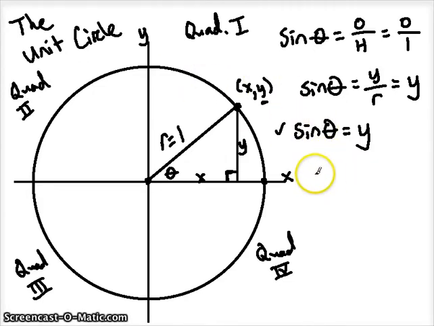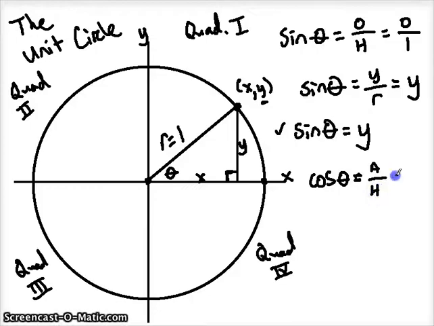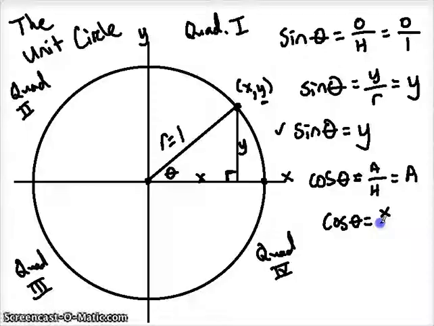The cosine of an angle is usually thought of in right triangle trigonometry as adjacent over hypotenuse, and in this case it would just be adjacent because our hypotenuse value is 1 still. And if we apply that to x and y values, we have the cosine is equal to x divided by r.